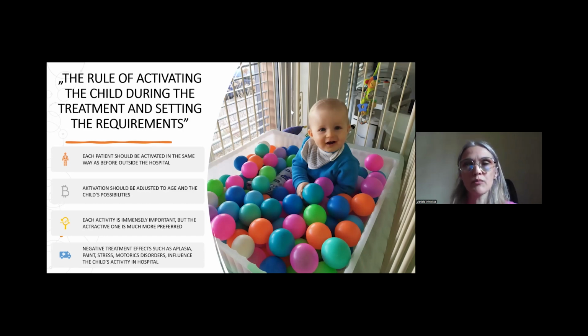During treatment sometimes children have aplasia and they feel pain or more stress. So we try to do everything so that they feel a little bit better thanks to the therapist in the snoezelen room.